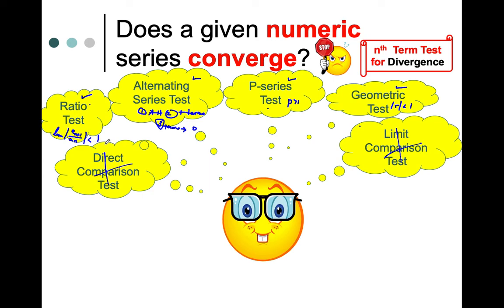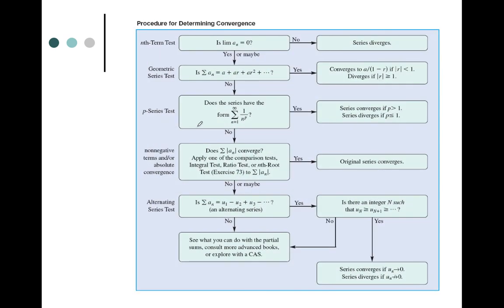Your book does have a wrap-up of this, a page too. I just think it looks a little too mathy, right? I like this presentation as opposed to that one. But your book on page 521 basically says exactly what I did. The procedure for determining convergence: the first thing you do is the nth term test. You ask if your terms go to 0. If your answer is no, your series diverges and you're done.